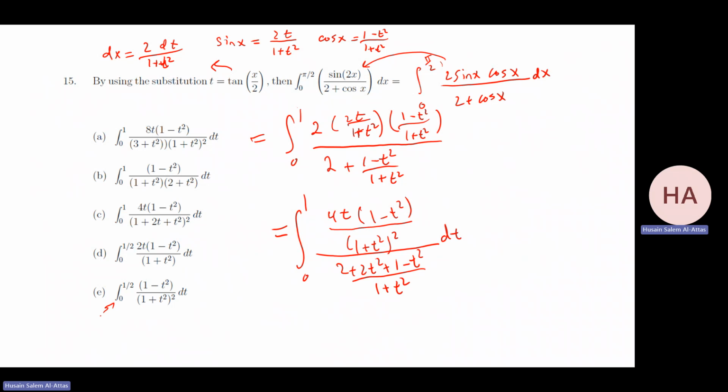Oh, there is 2 actually. This is 2 sine cosine. Yeah, I did not do anything wrong.